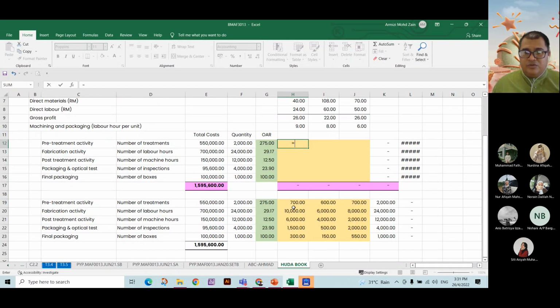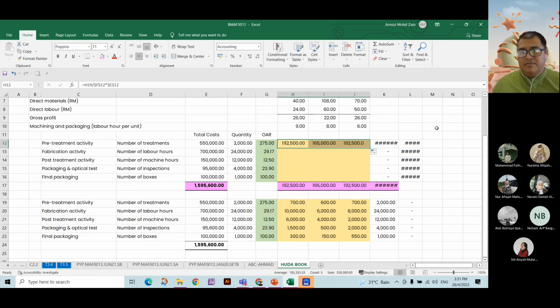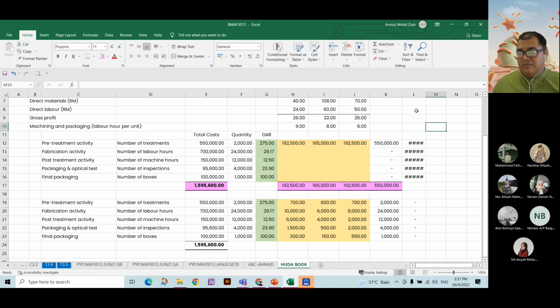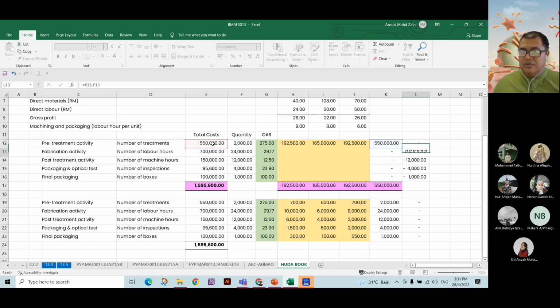This one 700 bahagi 2000 ni times dengan 550. Okay. Nama F kita fixkan, tak ada perubahan. F P pun kita fixkan, tak ada perubahan. Okay. Kita tarik. This one tetap betul.